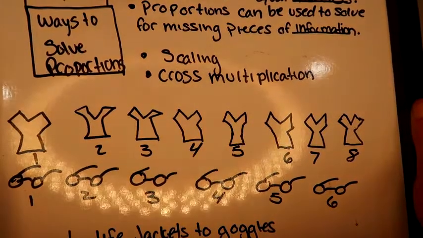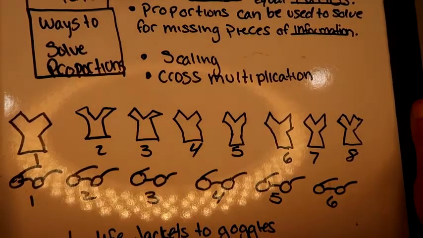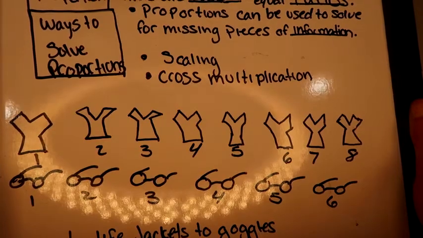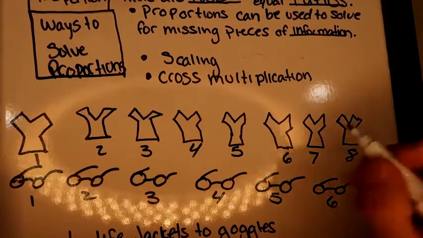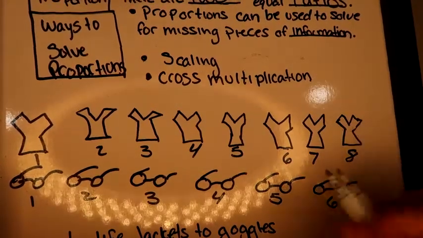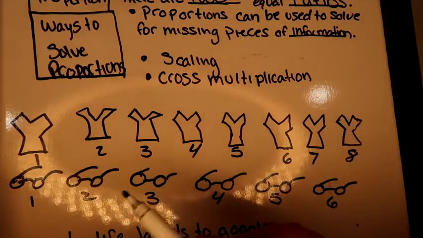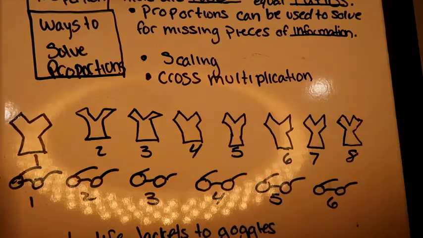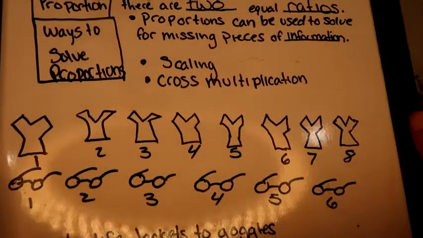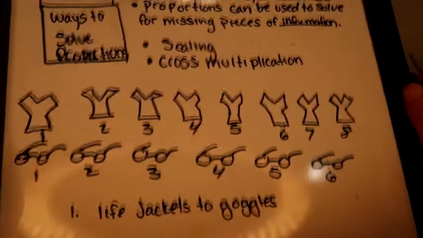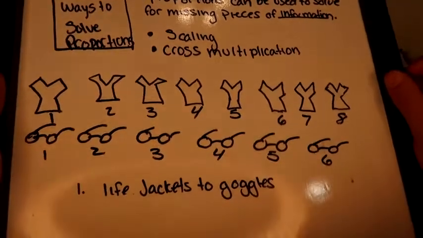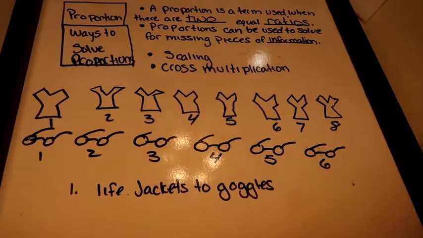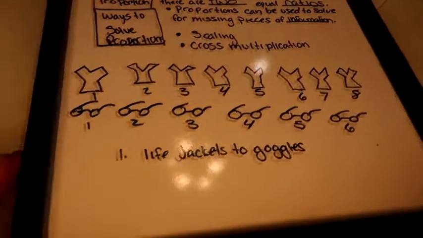Now I know they kind of look like whale tails or really messed up hearts, but let's just use our imaginations and pretend that these are surf jackets. Yes, I know goggles also, 7th graders, they don't look exactly like this, but hey, this is my representation for goggles. So again, use your imagination. I know they look more like glasses, but the first question says, life jackets to goggles.